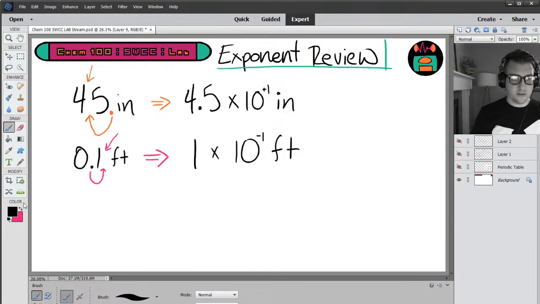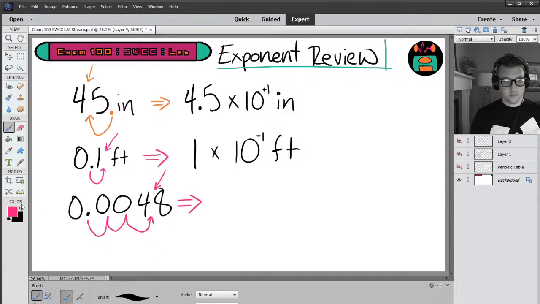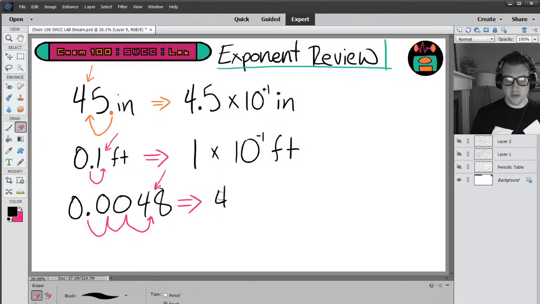So now let's write this in scientific notation. You find your first non-zero digit and know that you need to stick the decimal after the first non-zero digit. So we need to roll this 1, 2, 3 spaces over. So it's going to be 4. Let me give it some units to work with here.